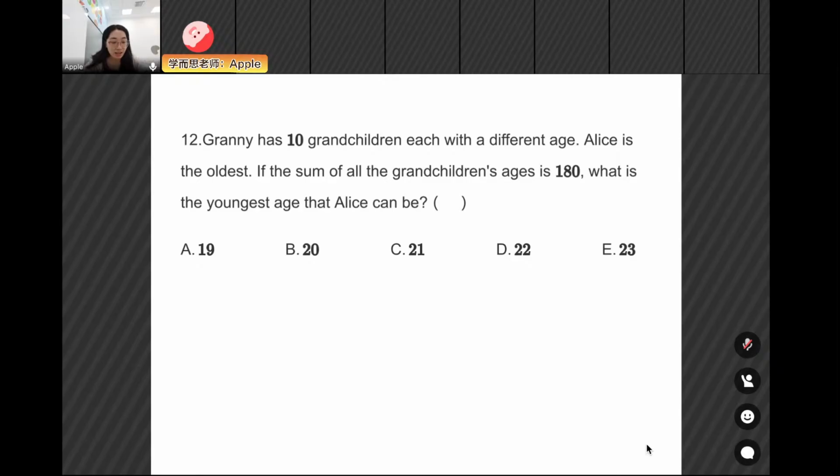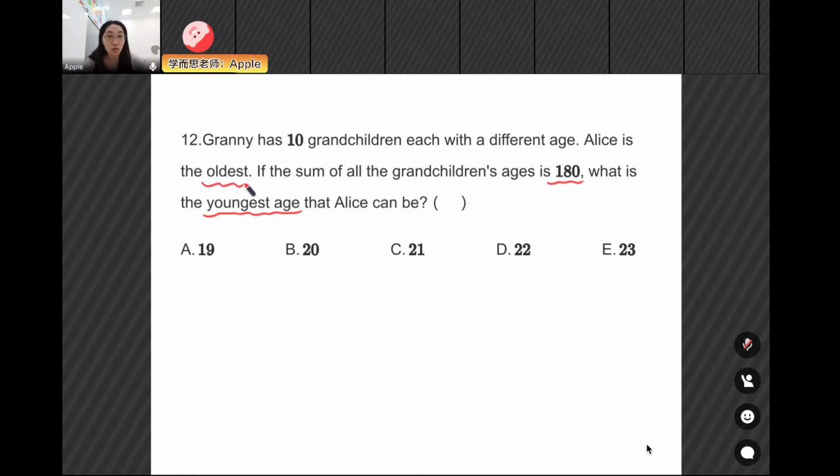Granny has 10 grandchildren, each with a different age. Alice is the oldest. If the sum of all the grandchildren's ages is 180, what is the youngest age that Alice can be? Well, for such a question, again, let me emphasize some key points.